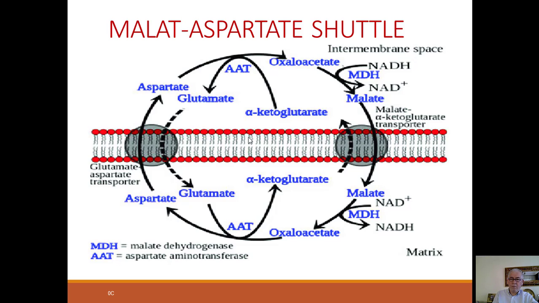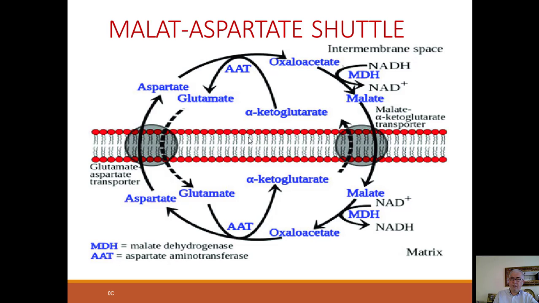cytosolic form and mitochondrial form. The cytosolic form, a dehydrogenase enzyme, uses oxaloacetate and turns it to malate, and the coenzyme is NADH.